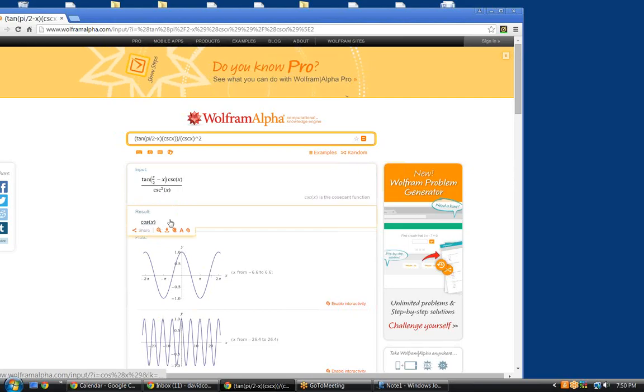It simplified it for us also. That's interesting. I didn't realize Wolfram Alpha would do that. That's pretty handy, huh? Yeah, it'll actually go through and use its own trig identities to simplify it to cosine x. But that's definitely the cosine curve.